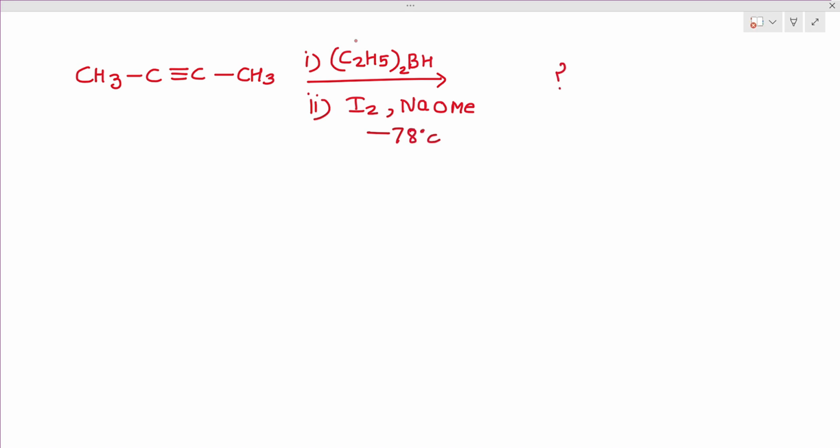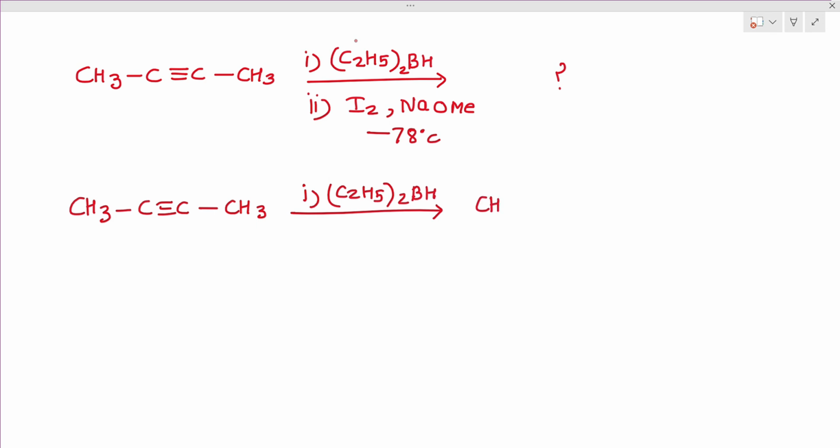See here, CH3 C triple bond C CH3. Firstly it is treated with (C2H5)2BH. So what are you getting? CH3 C double bond C CH3, where you will add B(C2H5)2.